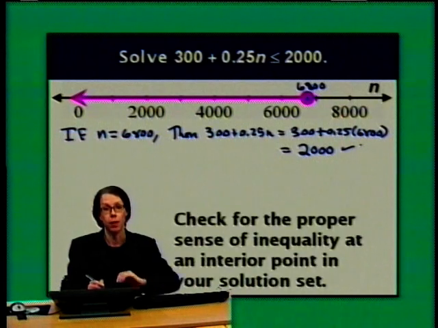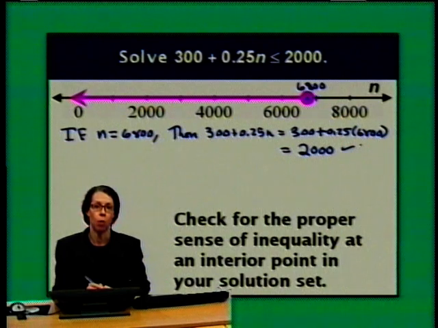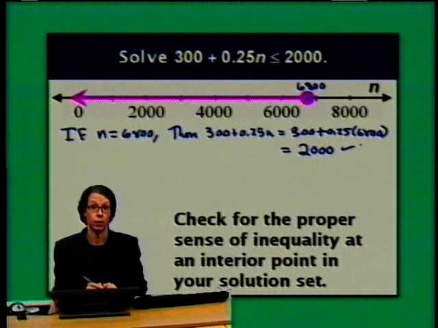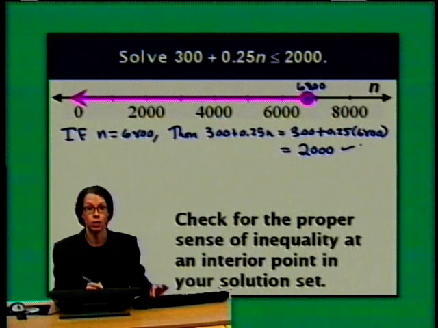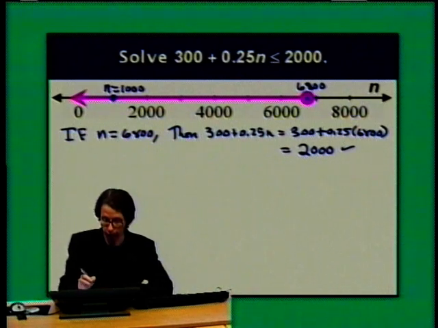Now the next step for doing a check is I want to check for the proper sense of the inequality at an interior point in the solution set. So I'm going to choose an interior point in the solution set to work with. And I think I'm going to choose n equals 1,000.